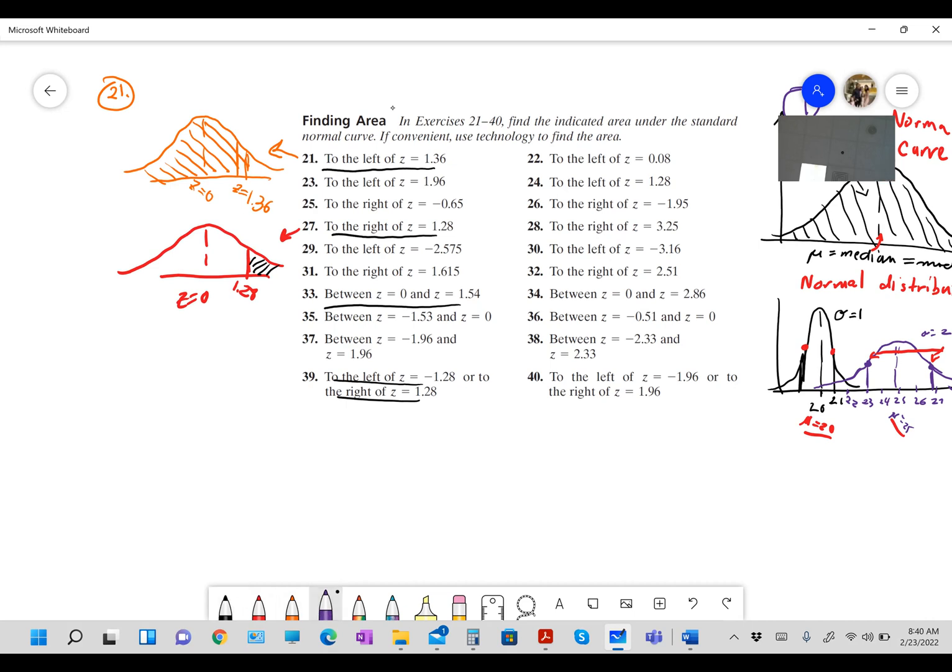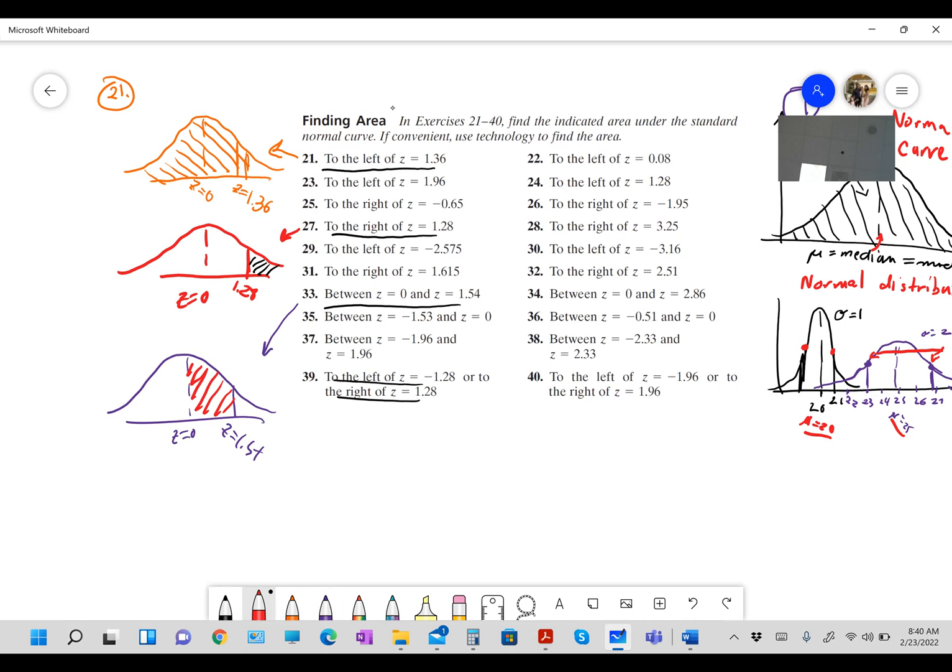The next one is an in-between situation. They want you to figure out the area between a z-score of 0 and a z-score of 1.54. They want this part here. And that's how you depict the situation.